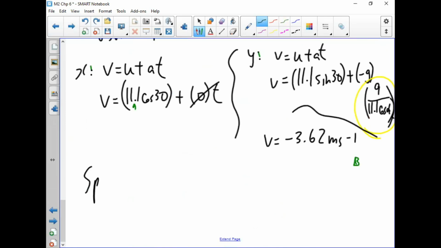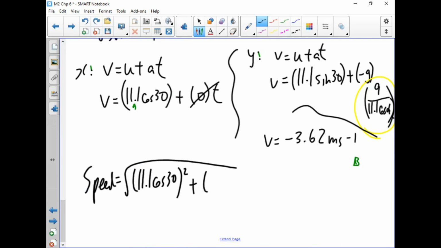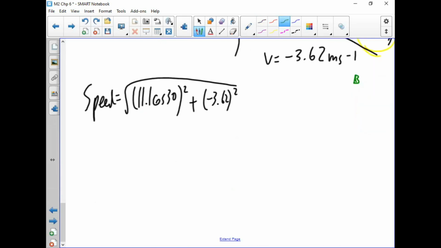Next, the speed. Ultimately, the speed is therefore the square root of Vx, 11.1 cos 30 degrees, the whole thing squared, plus my 3.62 squared. So in the calculator, what I'll be typing in is A bracket, cos 30 squared plus B squared.